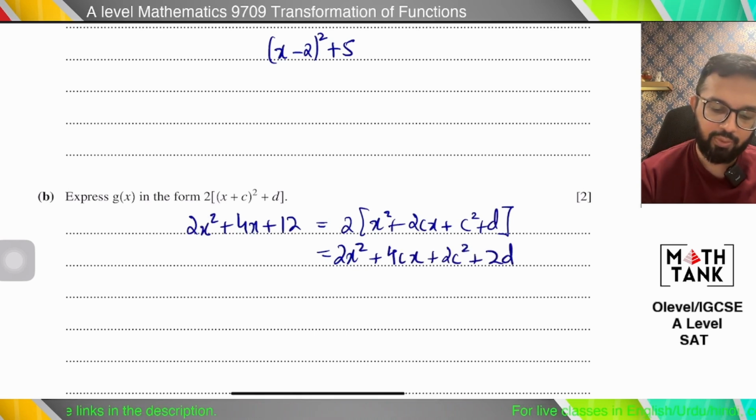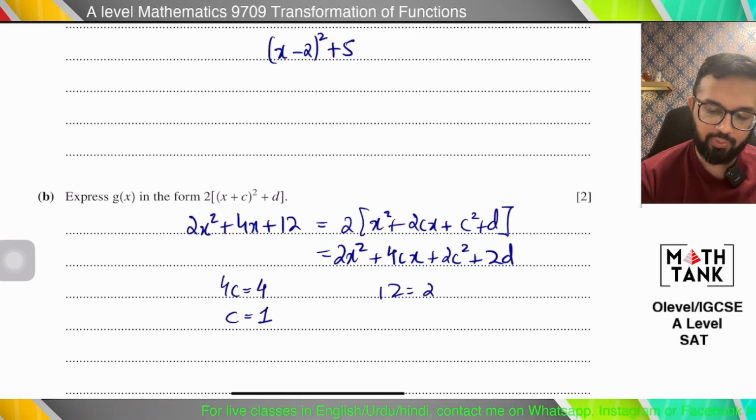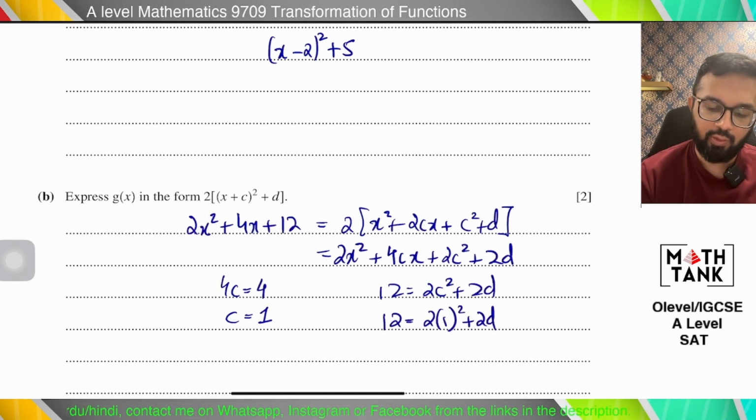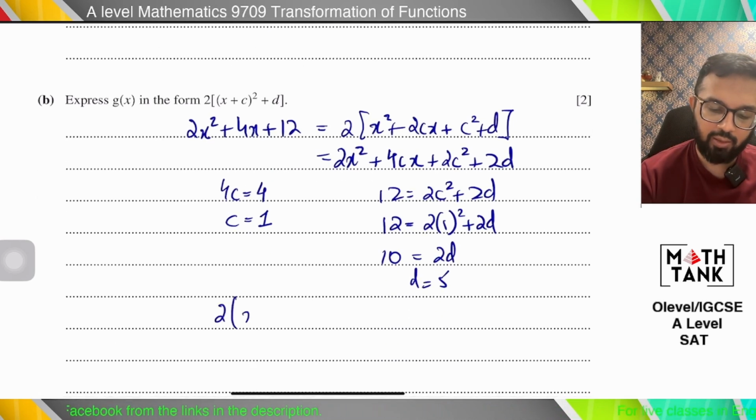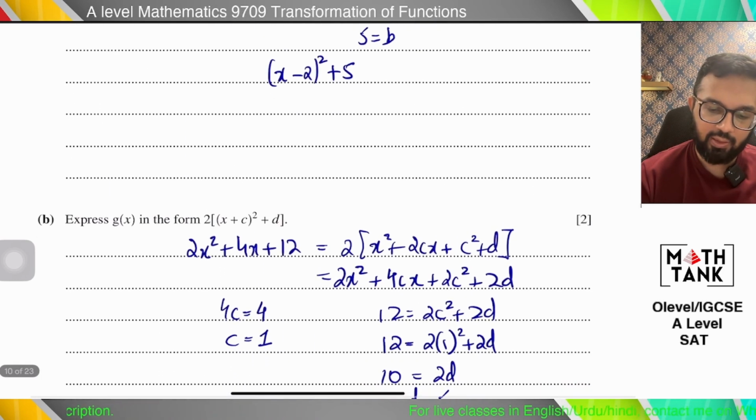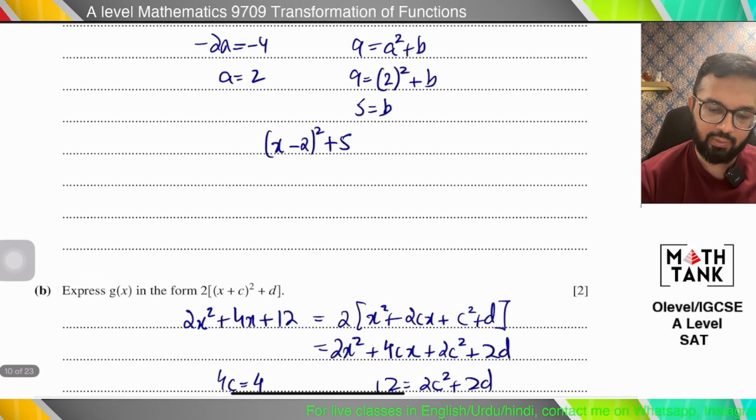So 2 compares with 2, 4c compares with 4, c is 1, and 12 compares with 2c squared plus 2d. So 2d equals 10 and d equals 5. So I have 2 bracket x plus 1 whole square plus 5. Previously I had x minus 2 whole square plus 5. Okay.